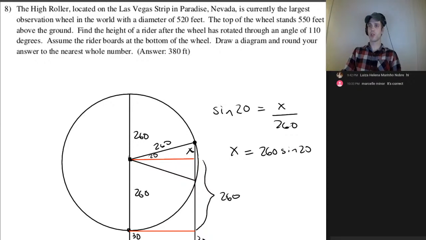And we actually don't want x, we want x plus 30 plus 260. So x plus 260 plus 30 is 290, which is equal to 260 sine of 20 plus 290. And let's dump that into our calculator. 260 sine of 20 plus 290.